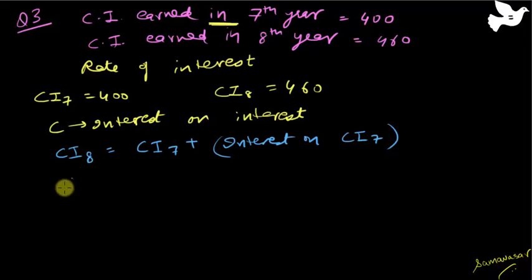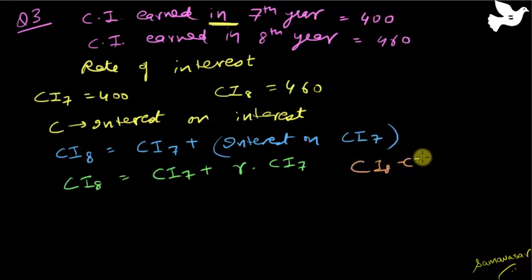So basically compound interest in the 8th year is equal to compound interest in the 7th year plus whatever rate of interest I have into compound interest in the 7th year divided by 100, or however it depends on how you take your R. So if I take the difference between these two, CI8 minus CI7, it is simply the interest on interest, that is on CI7.